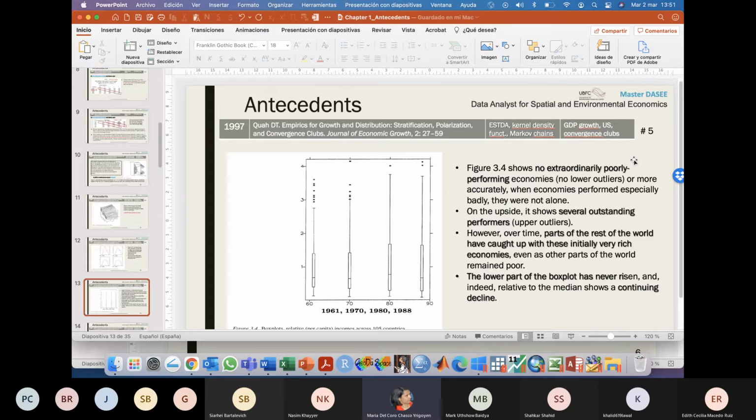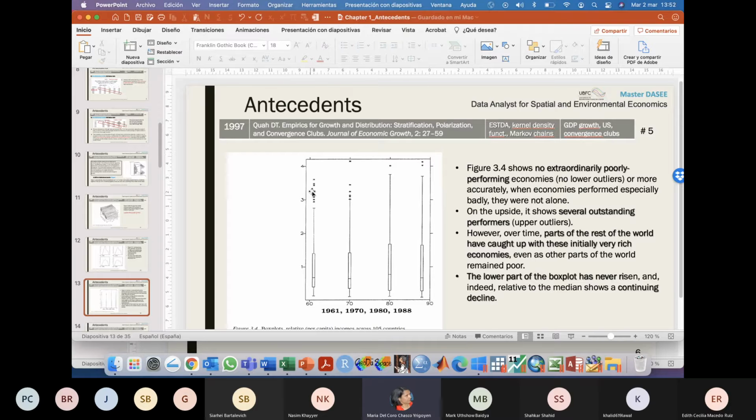If we now use these same distributions, the same ones for 1961, etc., but we apply box plots, what we see here is that they don't show lower outliers. So this is great. We don't have lower outliers while we have upper ones.